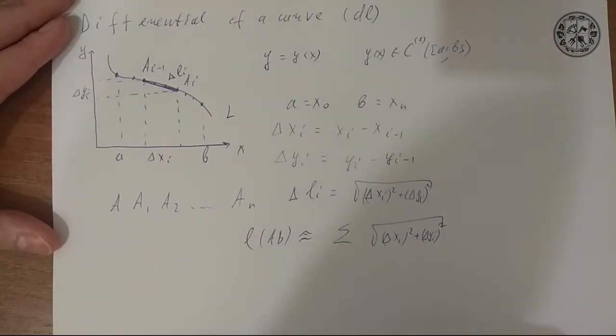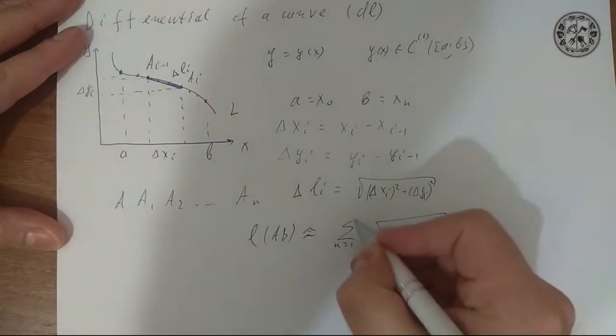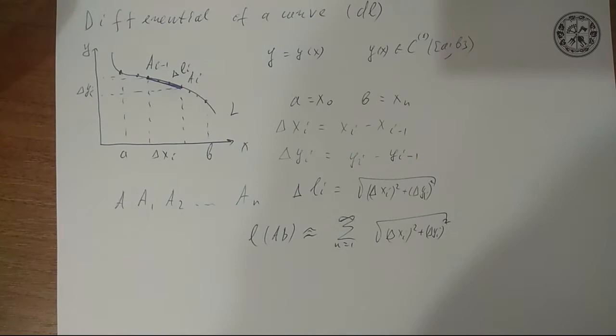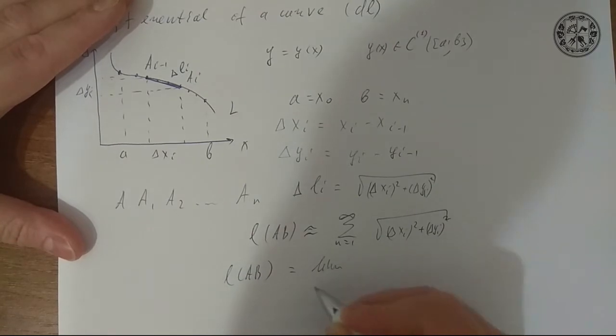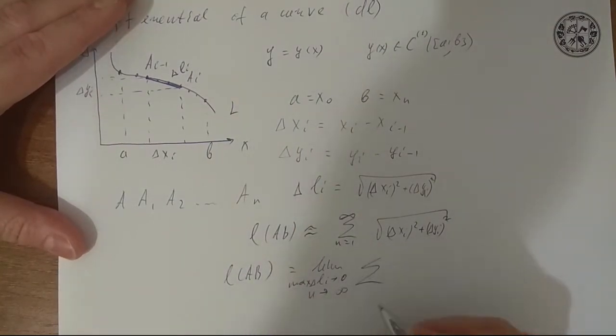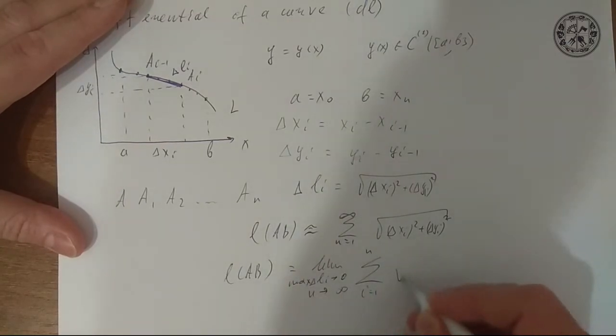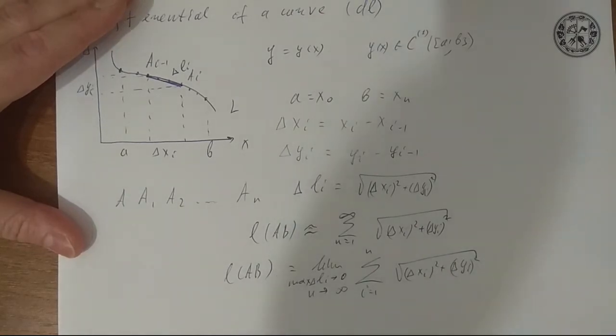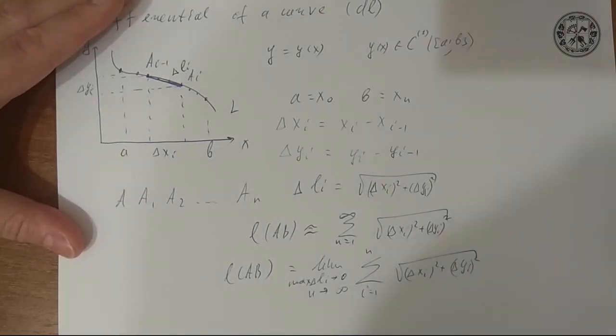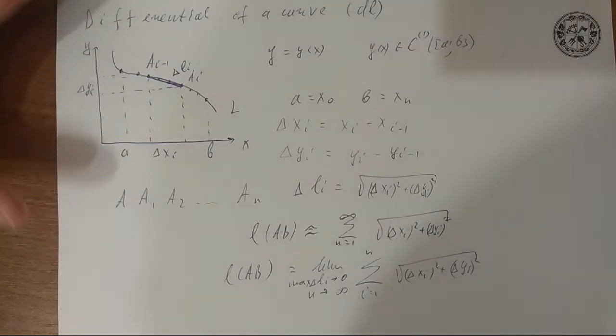And making everything go to infinity, splitting this curve into infinite parts so we get the maximum possible approximation, we'll get length of AB as the limit, as maximum value of delta Li goes to 0 and n goes to infinity, of the sum from i equals 1 to n of square root of delta xi square plus delta yi square, and so we get the length.